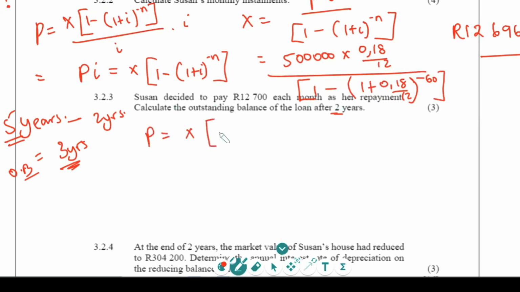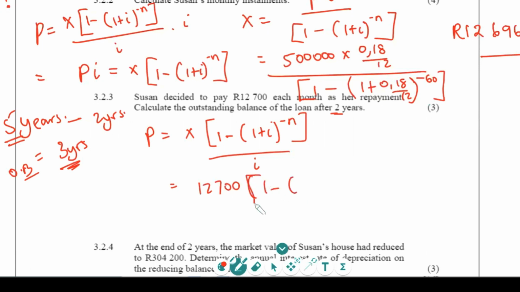is x into 1 minus 1 plus I to the exponent of negative n, and I'm dividing this by I. Then where there is x, I'm going to put my 12,700, into 1 minus 1 plus, we are still using the same interest rate.